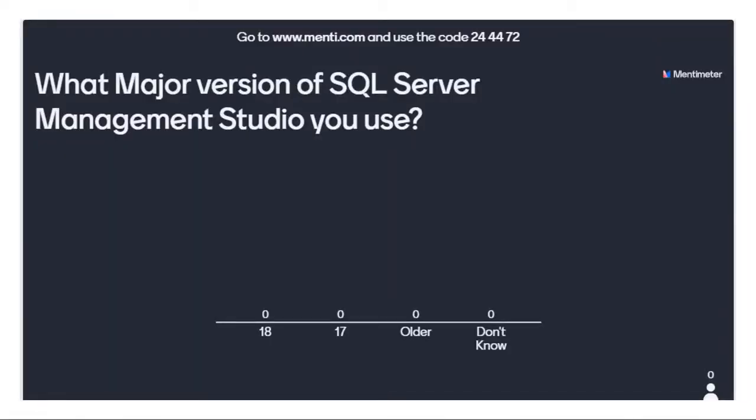You can do it on your browser or on your smartphone. You have 4 options to choose from. The code is 244472. You do not need any login or anything. Once you type in the code, you will see the question.